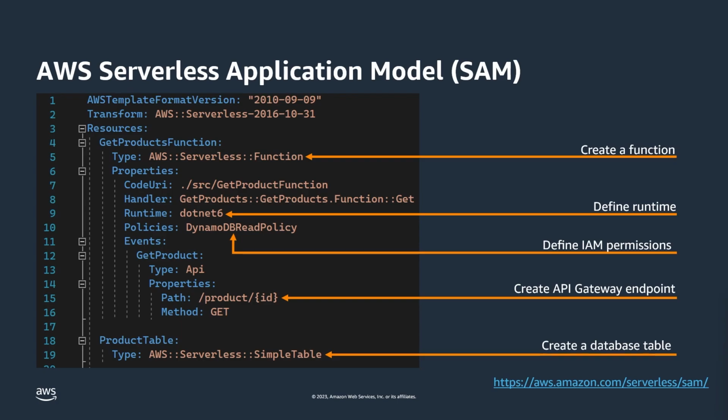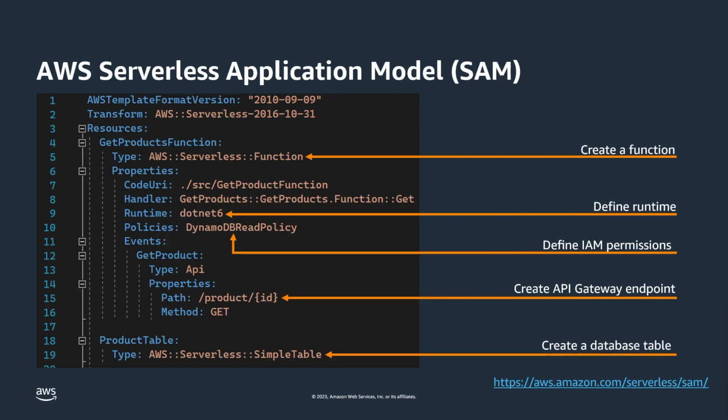So let's take a look at just a sample of what the configuration file for a SAM application is. In this particular example, as it's pretty straightforward, we have a set of resources and we have a function that defines a particular runtime. In this case, it's .NET 6. We have an IAM permission, identity and access management permission, to be able to read a DynamoDB table.